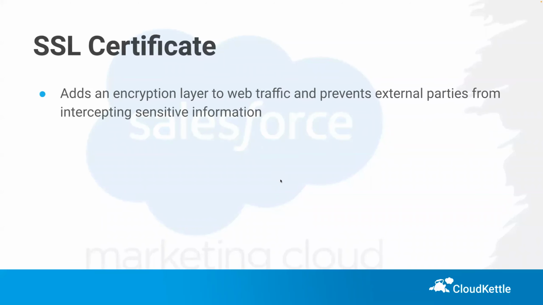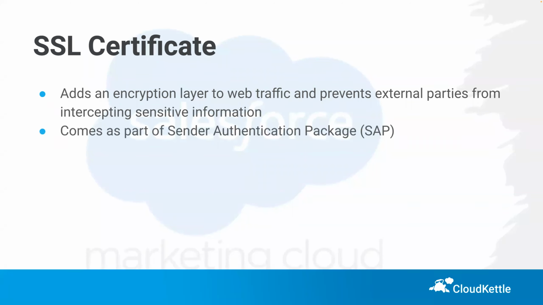It's a typical way, and it adds an encryption layer on your web page from your client application. So if somebody opens your web page in their browser, all the data that goes between the browser and your server is secured using the SSL certificate. This comes as part of the Sender Authentication Package. If you have a Marketing Cloud account, you don't have to worry about it.